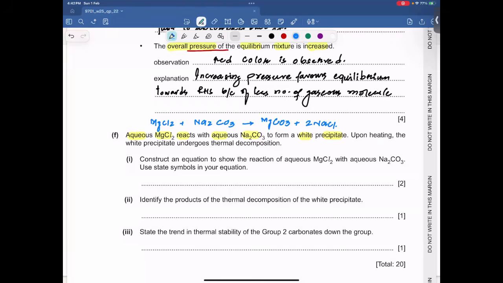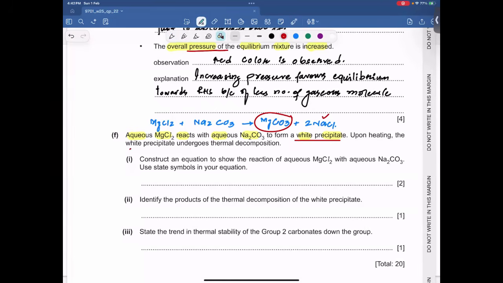So magnesium carbonate is a white precipitate because sodium chloride is soluble in water. Also, both these solutions are colorless. So magnesium carbonate is going to give you the white precipitate in this scenario.